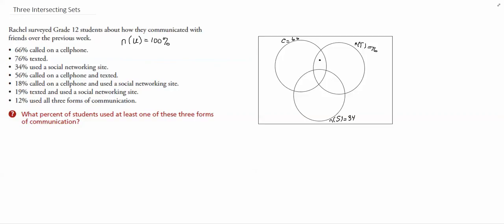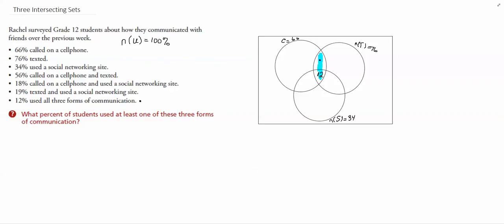So I'm going to jump down to this last piece of information. 12% used all three forms of communication. So that 12% sits right here in the middle, where all three overlap. Now, we know that this whole area here, the people who use their cell phone and text, that area total is 56%.